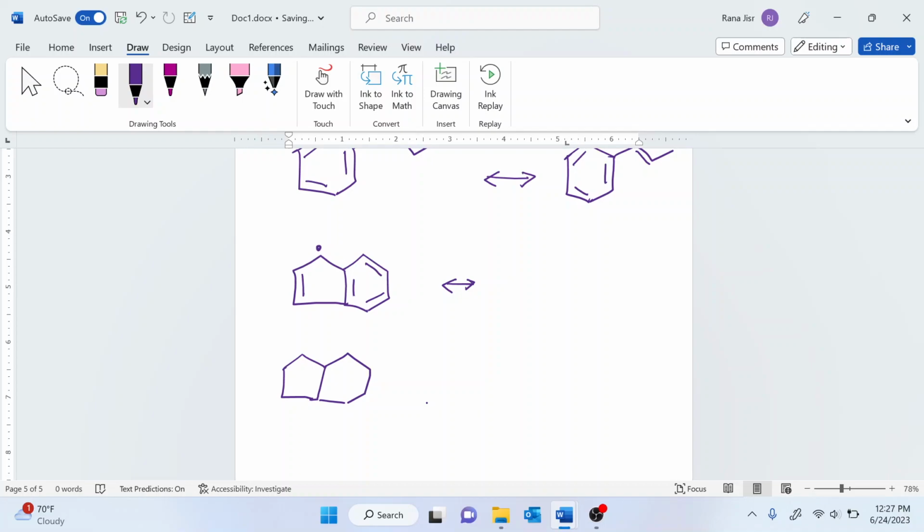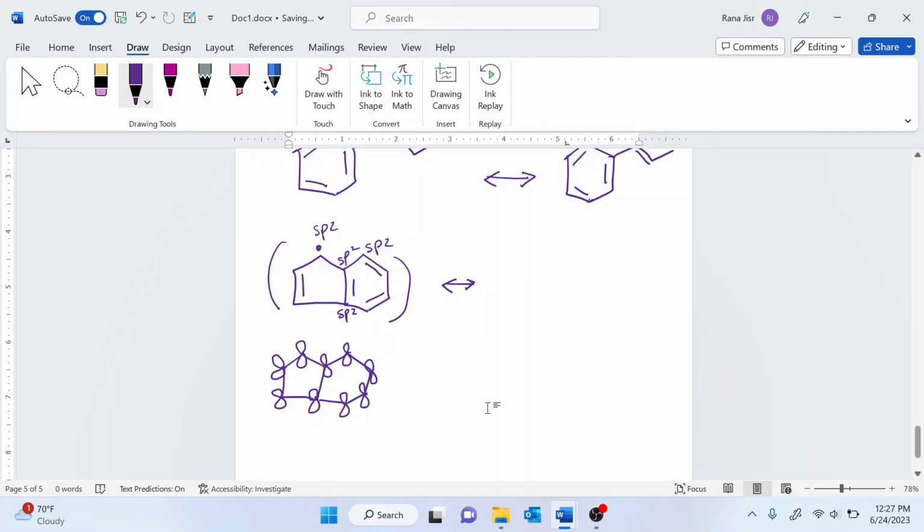If I want to draw the valence bond representation, I am going to have a p orbital for every single carbon, because every single carbon in this structure is sp2 hybridized, for all of these carbons and all of these carbons as well, including this carbon over here.